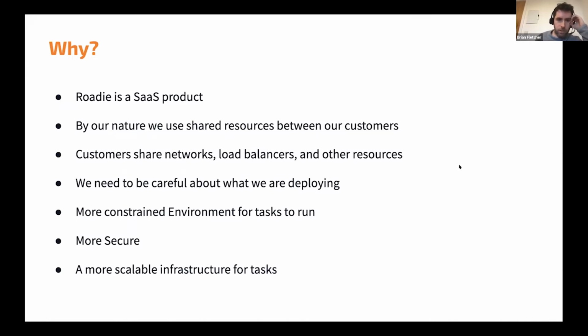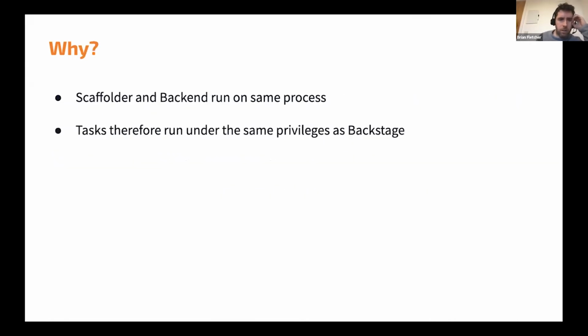So moving on to the next slide. If you run the scaffolder out of the box, by default, it runs on the Backstage backend in the same process. So the tasks are actually running with the same privileges as Backstage, in the same context, on the same networks, basically the same environment as the Backstage backend.